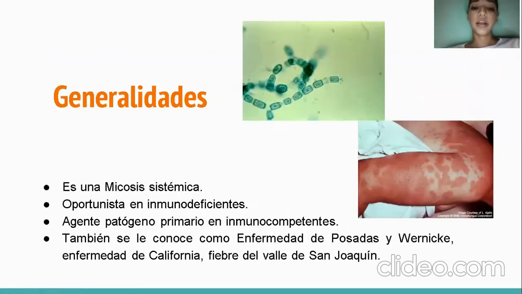It is a systemic mycosis, opportunistic in immunodeficient patients and a primary pathogen in the immunocompetent, also known as Posadas and Wernicke's disease, California disease, San Joaquin Valley fever.